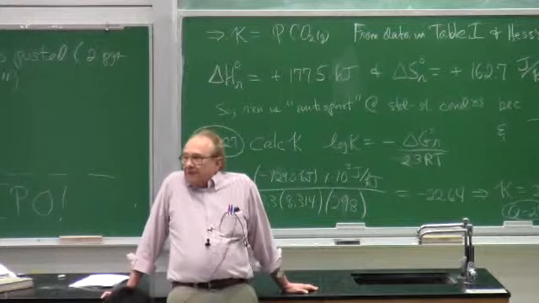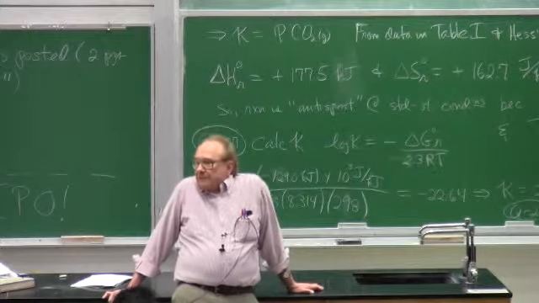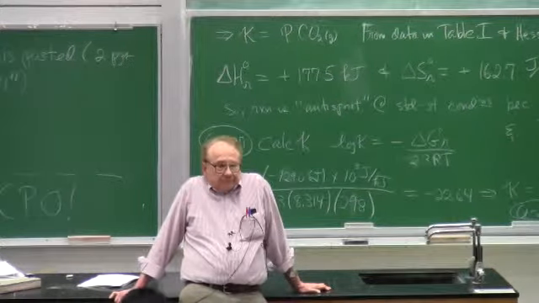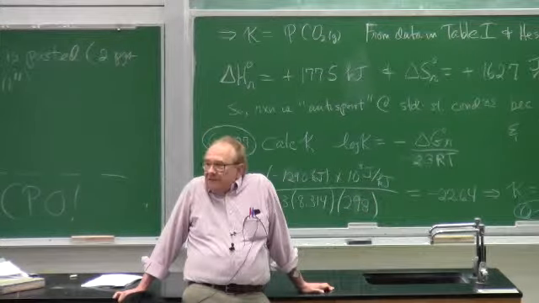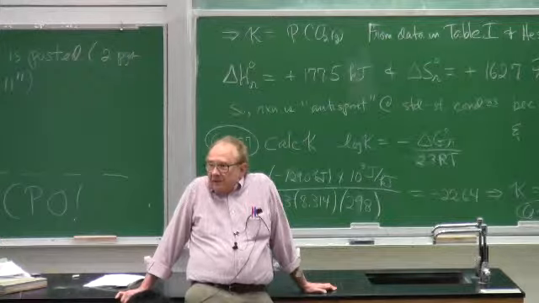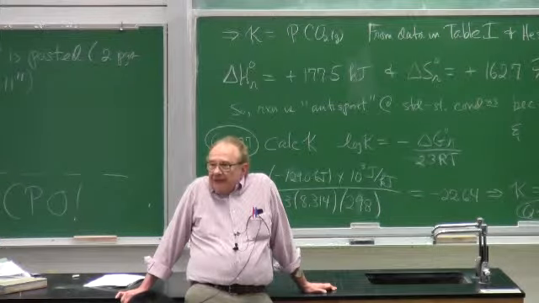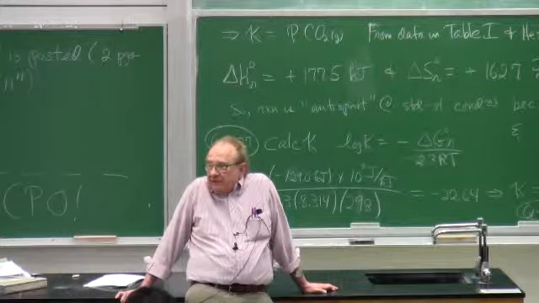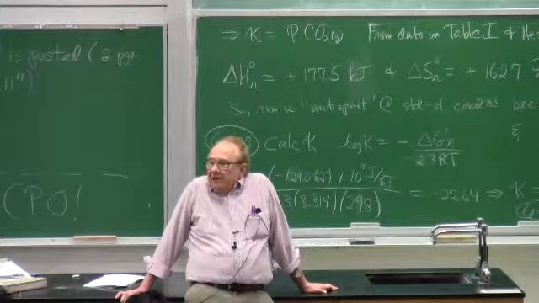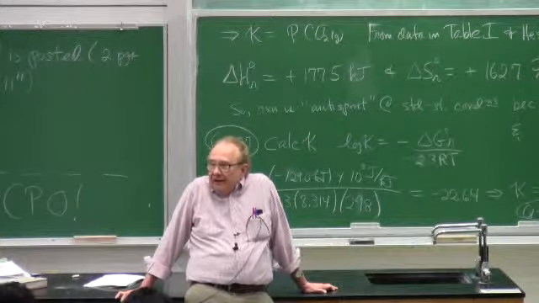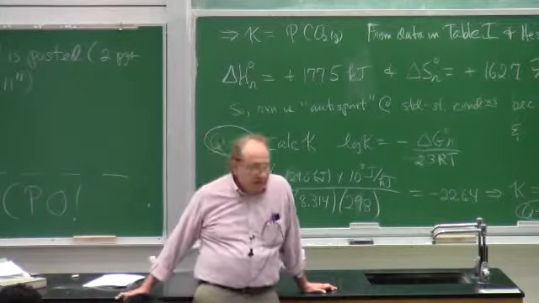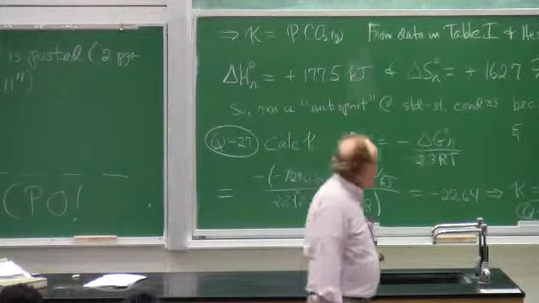And we'll also look up the standard molar entropies for these materials. And then with these data, we will apply Hess's law, from which we will get delta H0 for the reaction and delta S0 for the reaction. And then with the relationship delta G0 equals delta H0 minus T delta S0, we calculate delta G0 for the reaction.